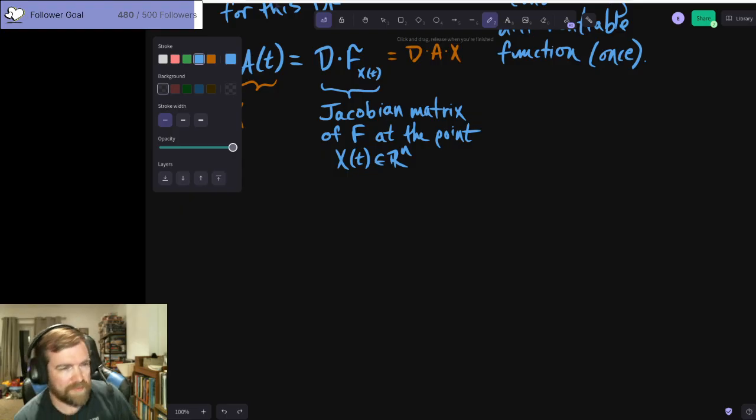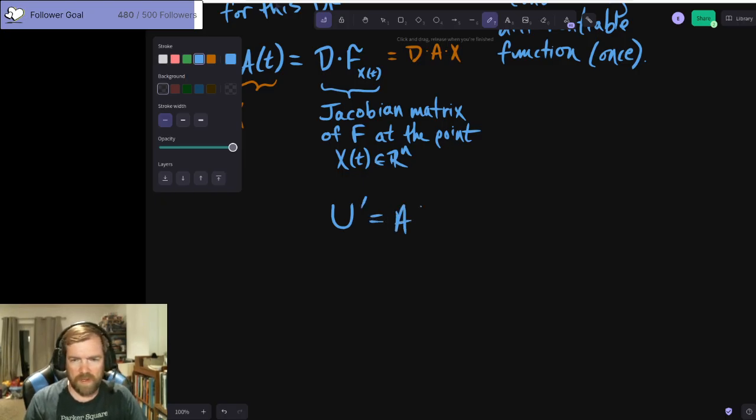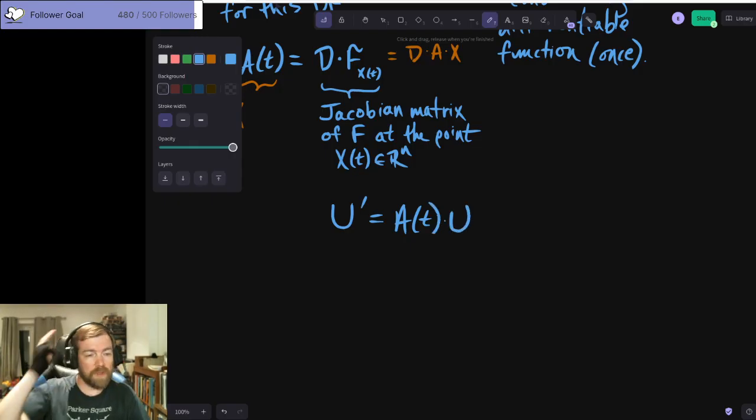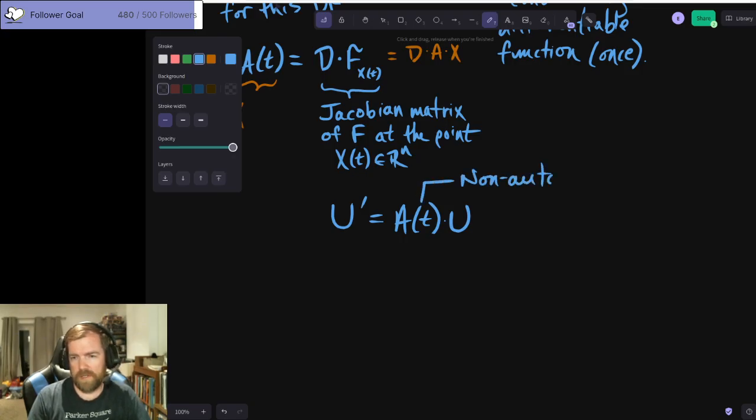It's not necessarily going to be uniquely defined. And this is going to lead us to a possible non-autonomous system.